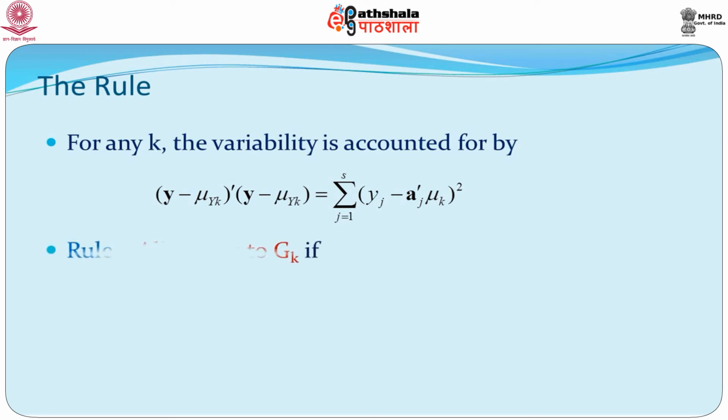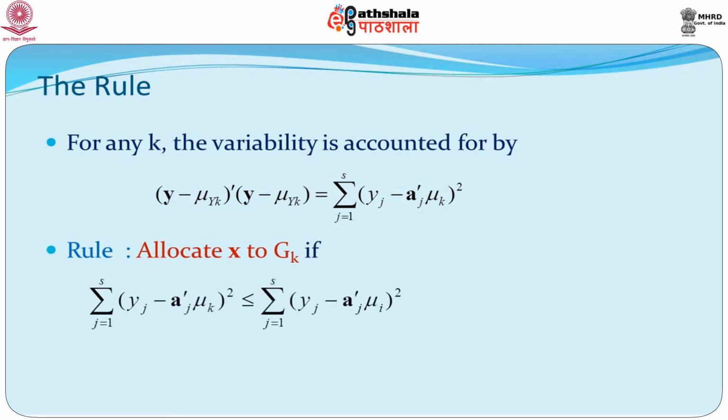The rule now is to allocate x to gk if the sum of yj minus aj prime mu k squared is the smallest among all such variabilities. So, the variability for k comes out to be the smallest given the x, and hence we allocate x to the kth group.